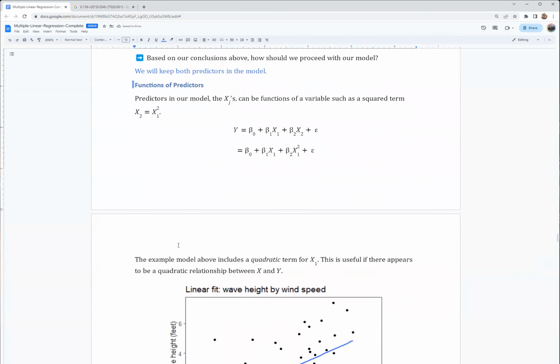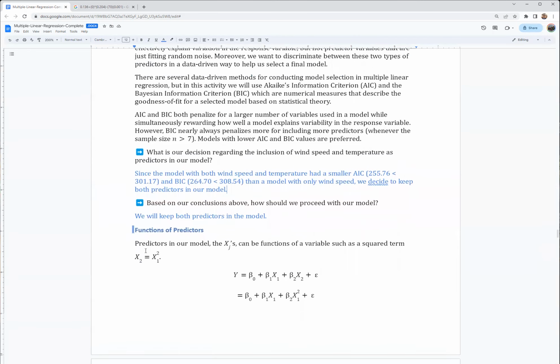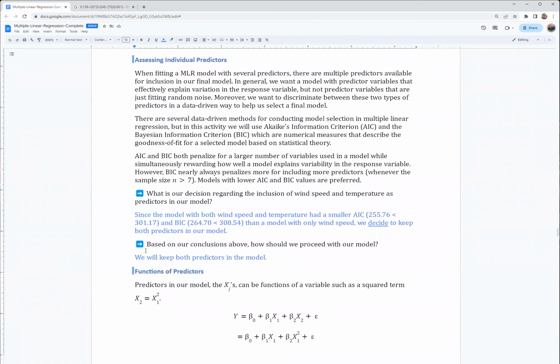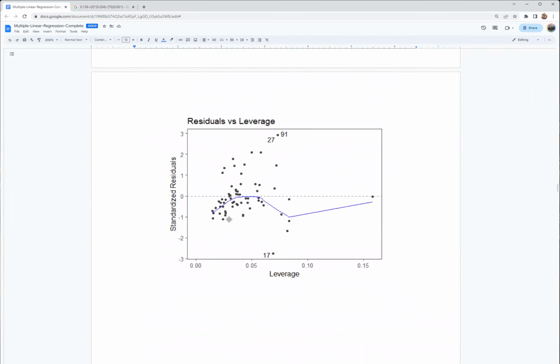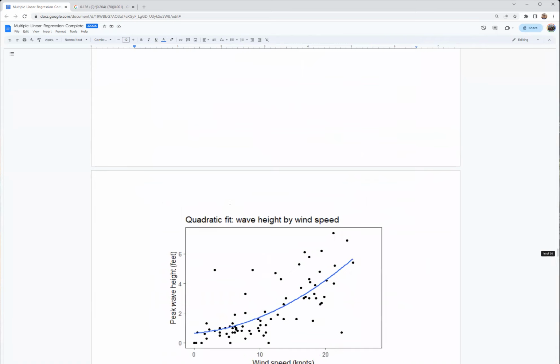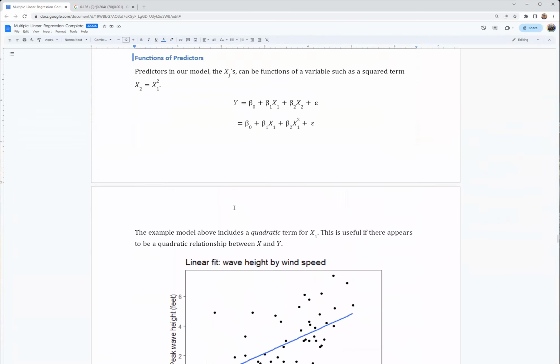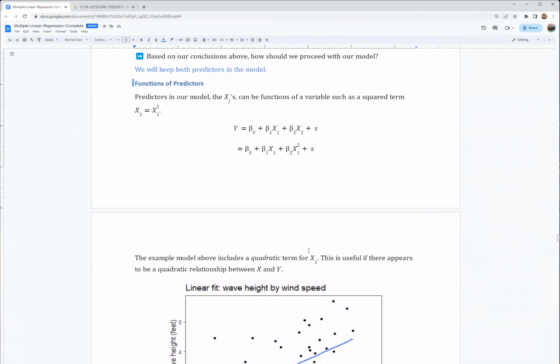And we saw a little preview when we were looking down here a little bit, but okay, so we decided that keeping both predictors, wind speed and temperature, in the model was better than just wind speed. But it may be the case that wind speed is related to the wave heights in a nonlinear way.